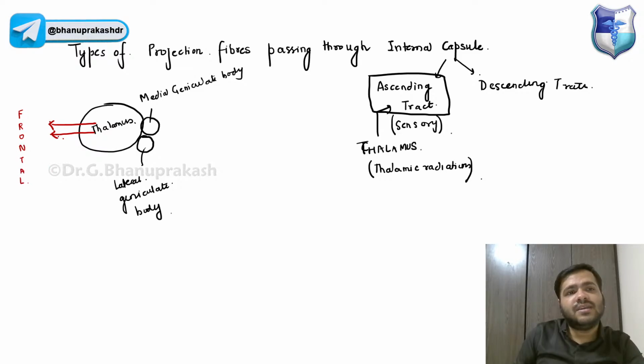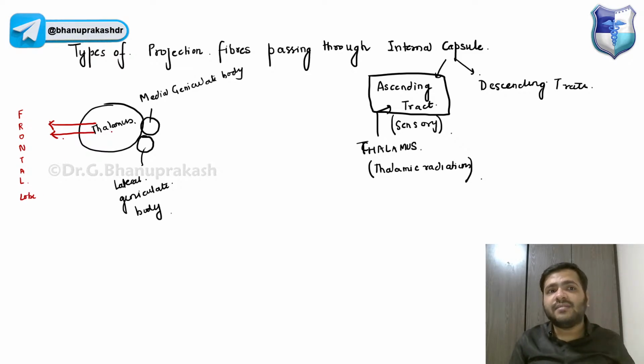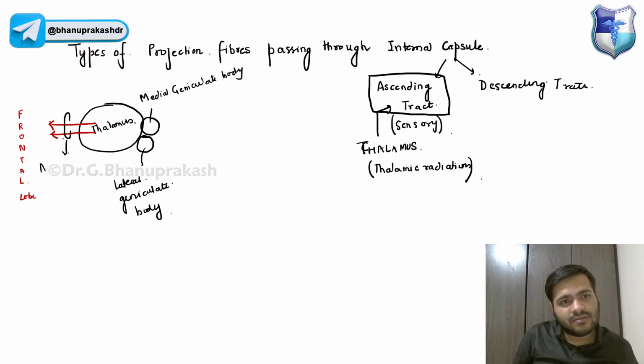So basically these fibers, which are going from the anterior and the medial nucleus of the thalamus to the frontal lobe, guys, this is called the anterior thalamic radiations.